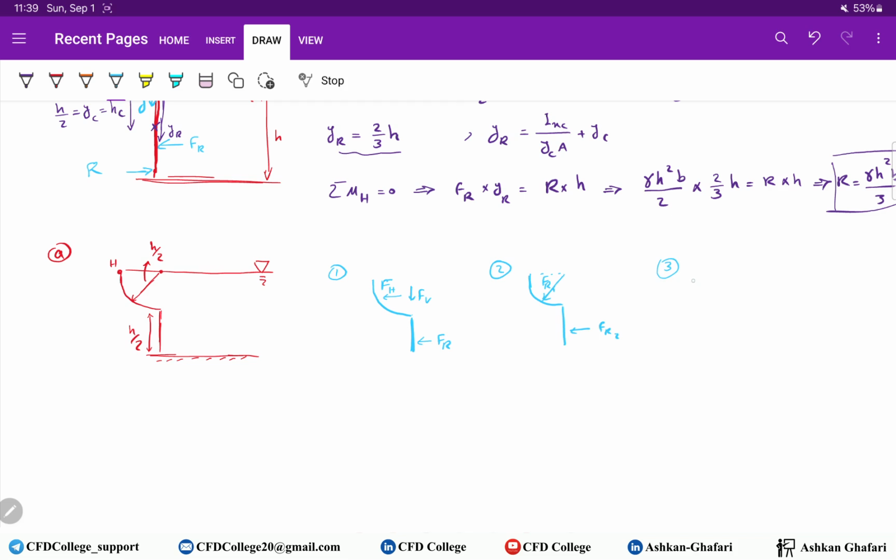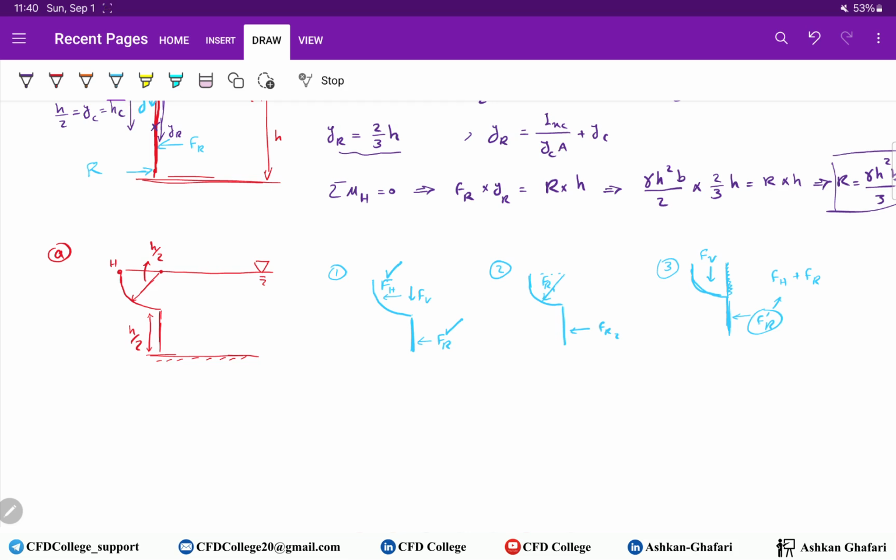Or the third solution: you can consider Fr for the vertical part, and in this Fr you are considering both the horizontal force and Fr, so let me name it Fr prime, and consider the vertical force for the circular part.